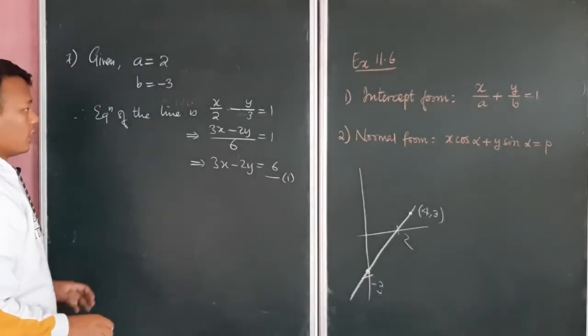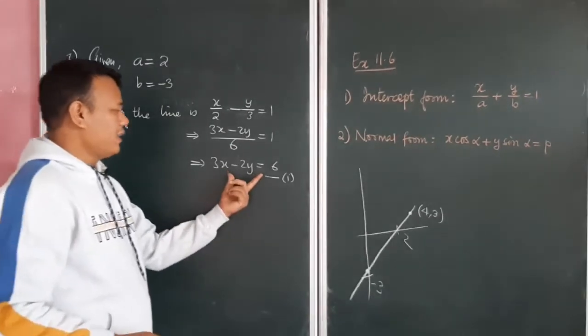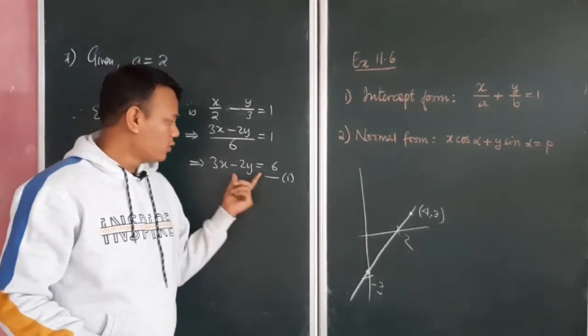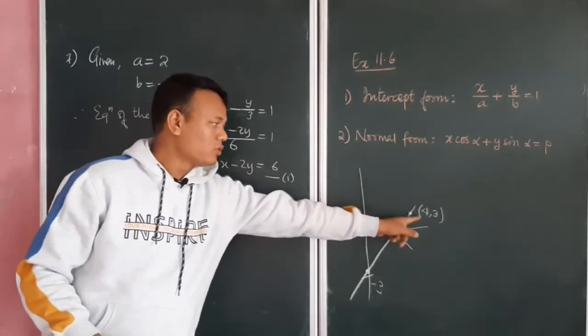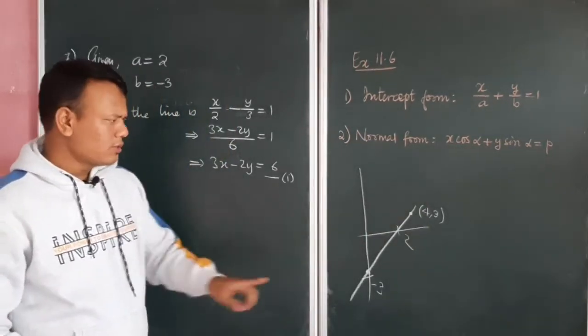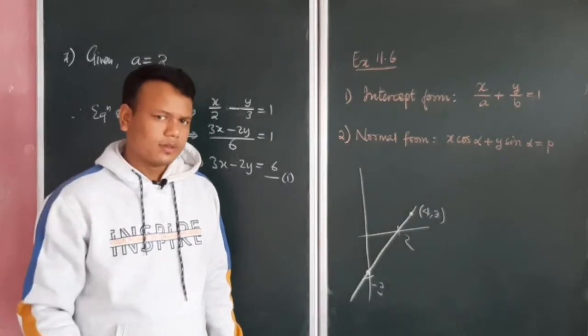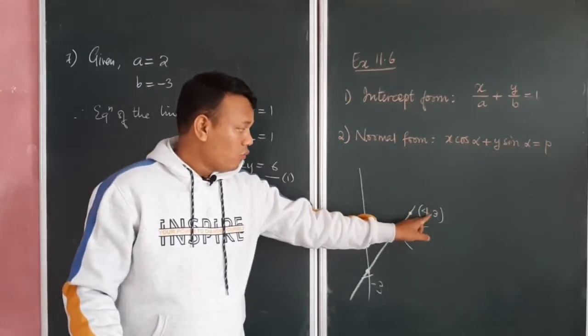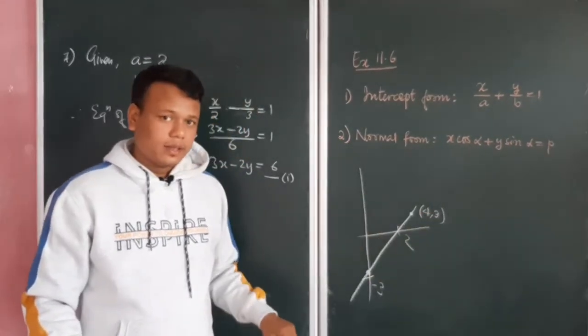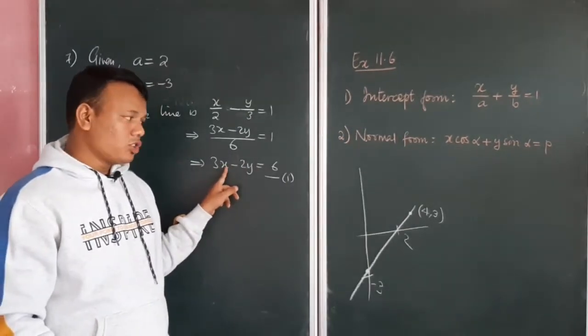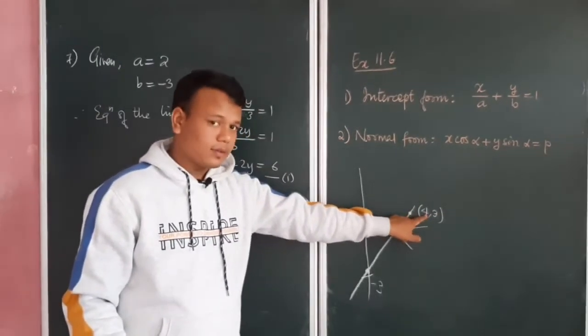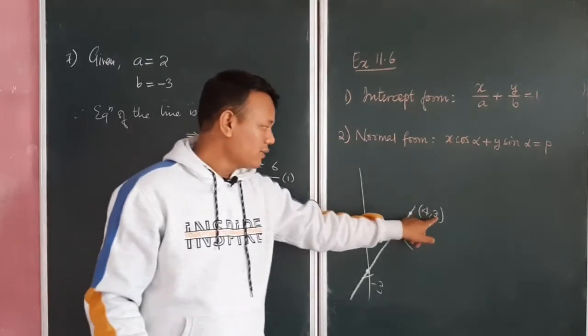Now we need to show that this line, equation 1, passes through 4, 3. That means 4, 3 lies on this line. If 4, 3 lies on this line, then x can be substituted as 4 and y as 3.